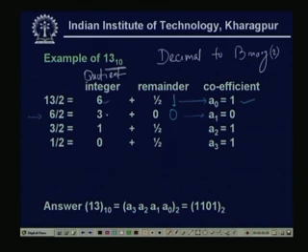Now, that quotient becomes 3. So, again 3 divided by 2 in the next step. The quotient becomes 1 and the remainder becomes 1. So, my next coefficient is 1. Now, that number becomes 1.